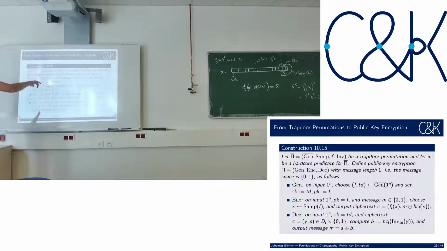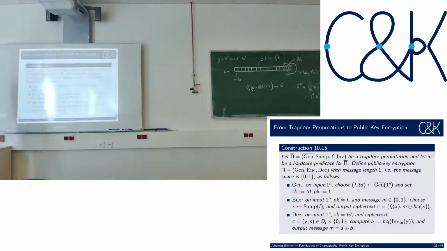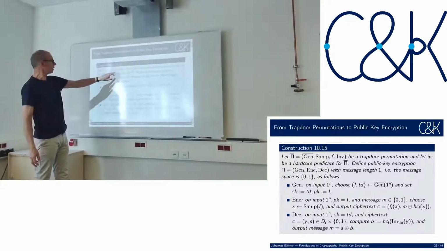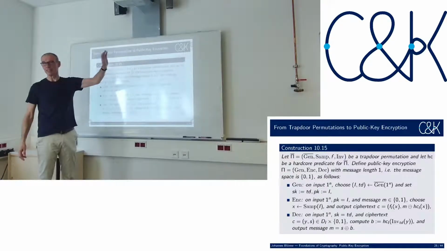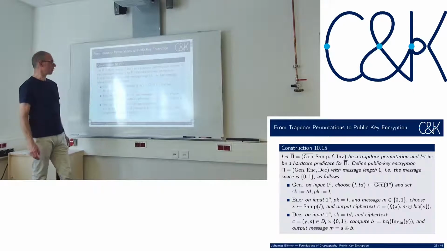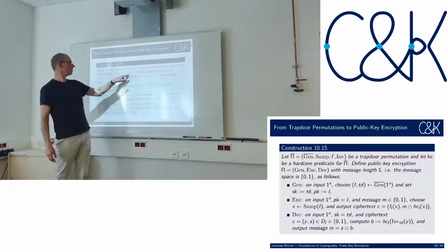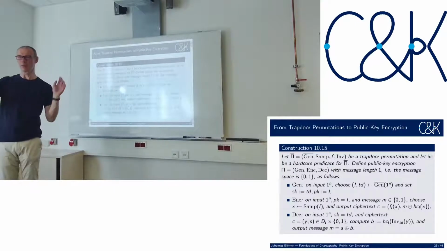Gen bar is the generation algorithm sampling f and its inverting trapdoor. So that's a trapdoor permutation, a family of permutations. And let HC be a hardcore predicate for pi bar. Actually, hardcore predicates only exist for trapdoor permutations, because otherwise you can invert.